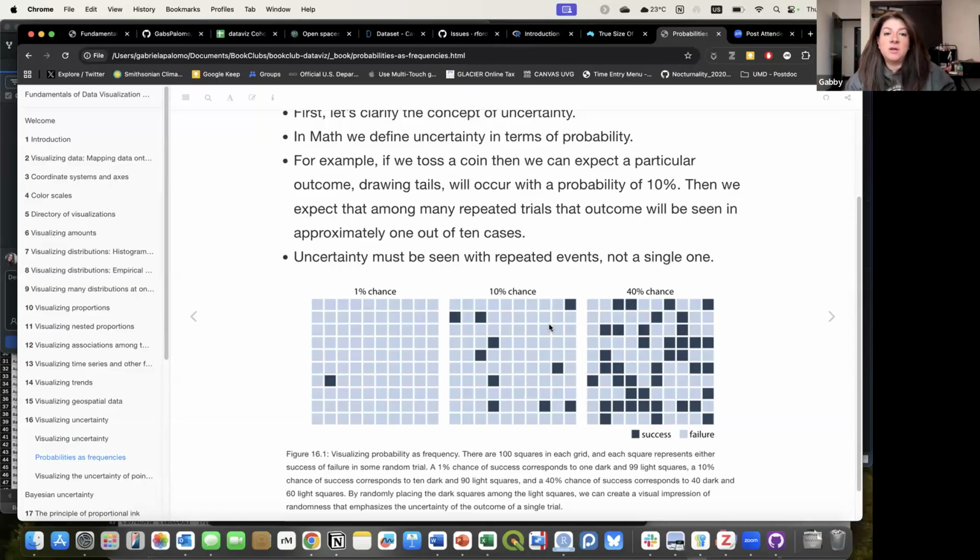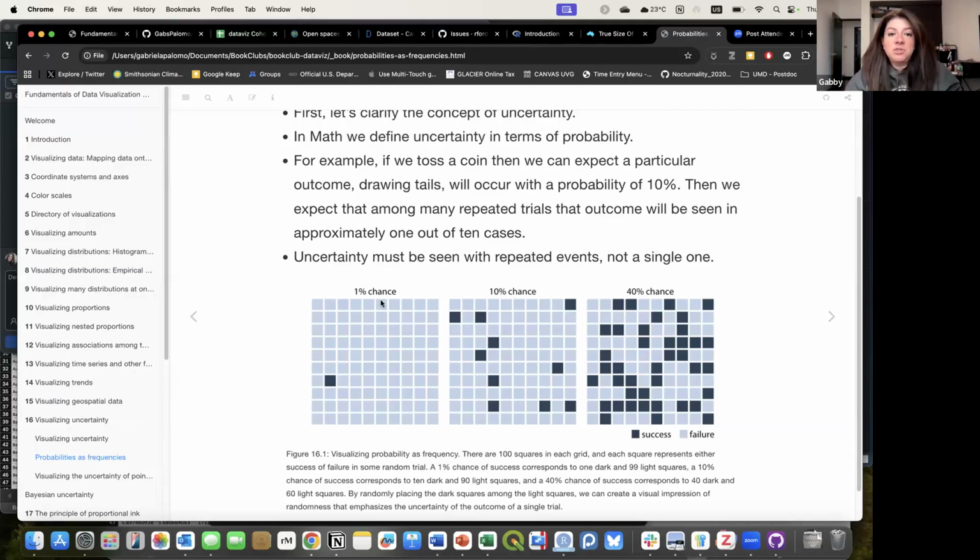So if we are looking at how many times we draw tails and we call that a success, then we can expect, for example, a probability of 10% every time we toss a coin that we're going to draw tails. So every time we repeat the trial, we are probably going to see that 10% chance of having that result.